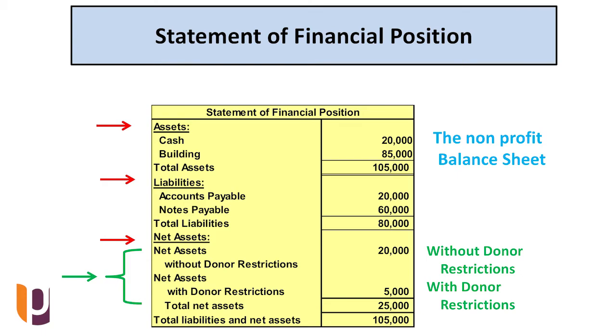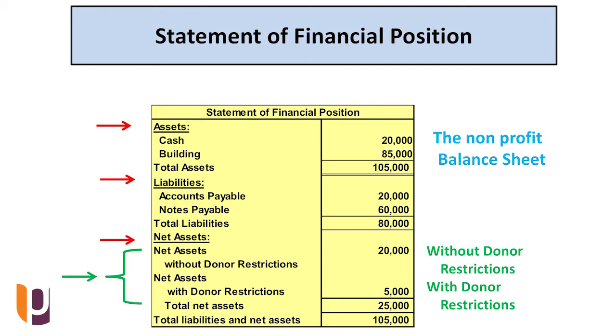Thus, on the statement of activities and changes in net assets, these net assets with donor restrictions are shown as being reclassified to net assets without donor restrictions when the appropriate time has passed or the resource is used as stipulated.